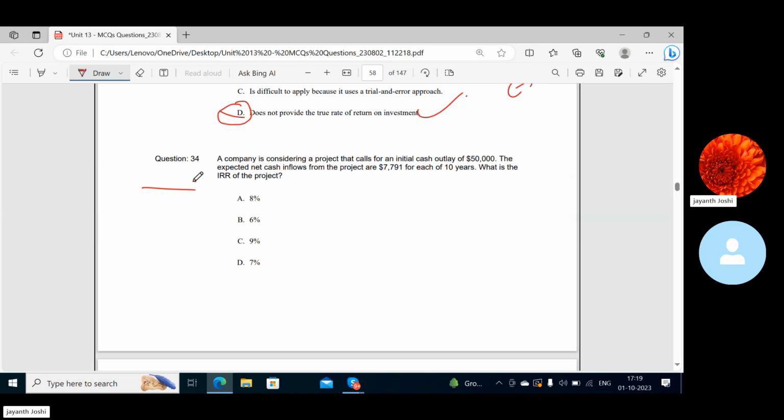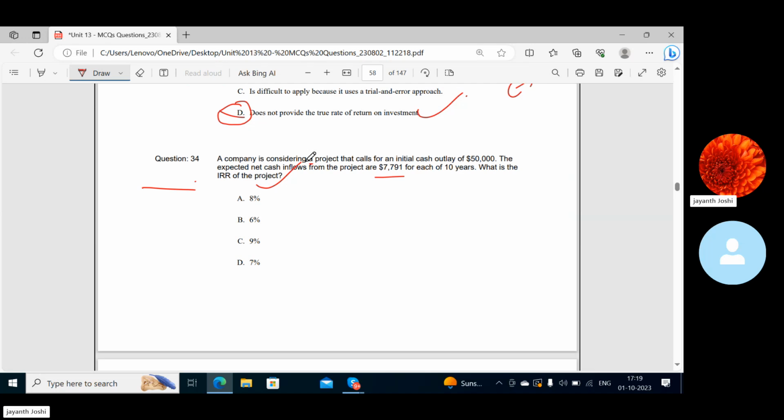So a company is considering a project that calls for an initial cash outlay of $50,000. The expected net cash flows from the project are this for the 10 years. What is the IRR? So this IRR calculation you can do, right?